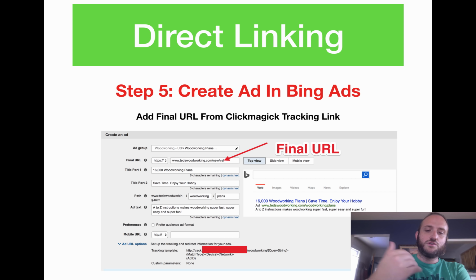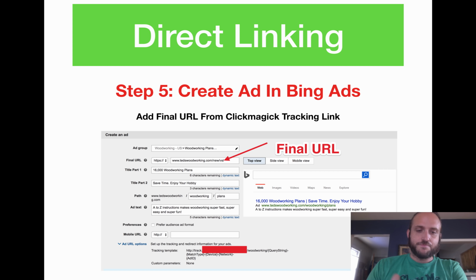So basically, your tracking link that you're going to put in the next step has to resolve at the end to the final URL of the Clickbank product. So in this case, tedswoodworking.com. That's the final domain. And your final URL has to end up at the same place through all of the tracking stuff. So put that as the final URL.